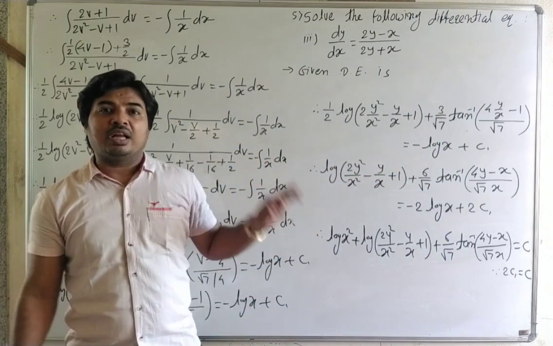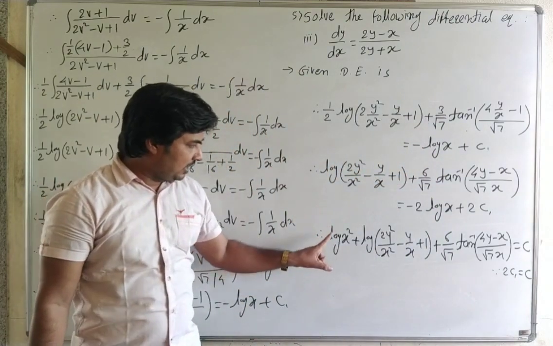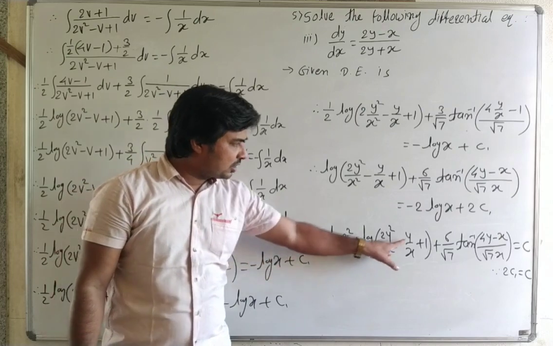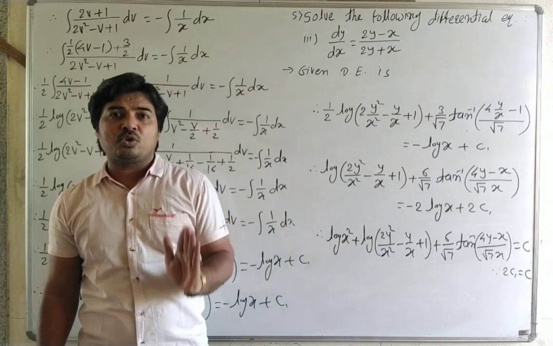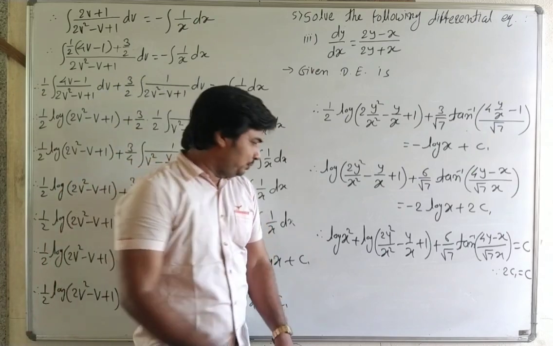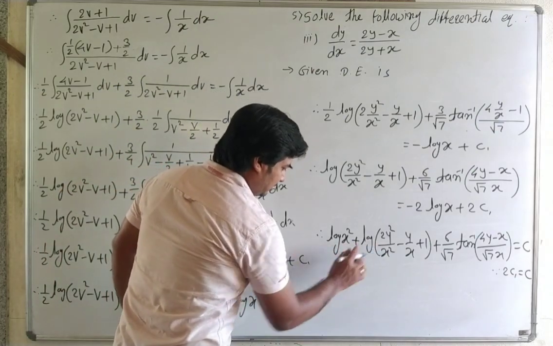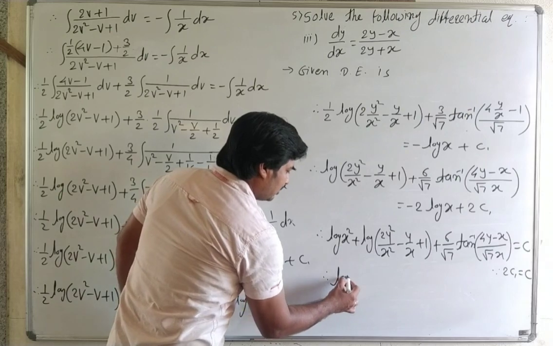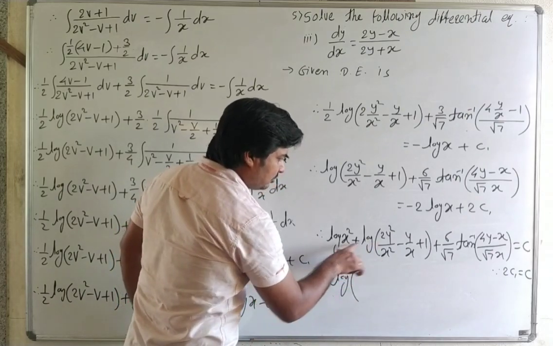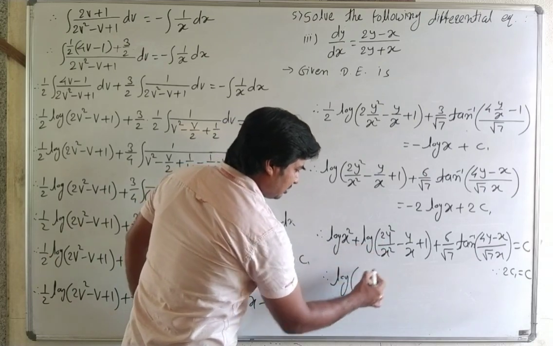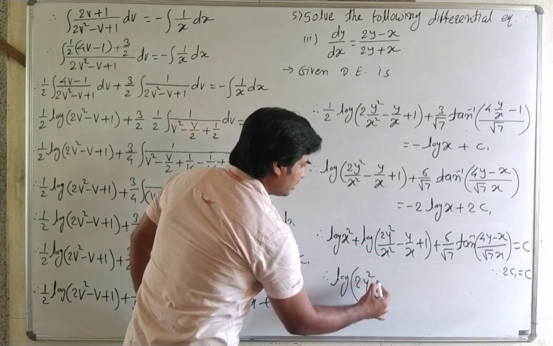And now the last answer. See carefully, it is log x square plus log of this bracket. Here we use the property of logarithm, log a plus log b means log of a into b, the product of these two numbers. When we multiply x square to this bracket, x square gets cancelled, here only 2y square.